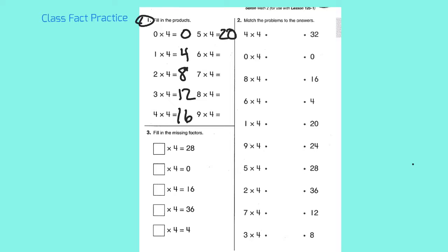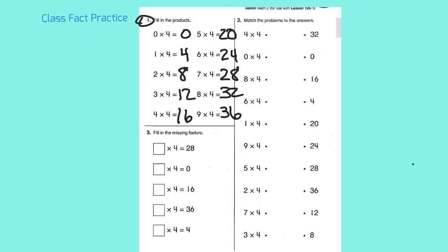6 times 4 is, get ready, good. 7 times 4 is, get ready, 28. And 8 times 4 is, get ready, 32. 9 times 4 is 36.